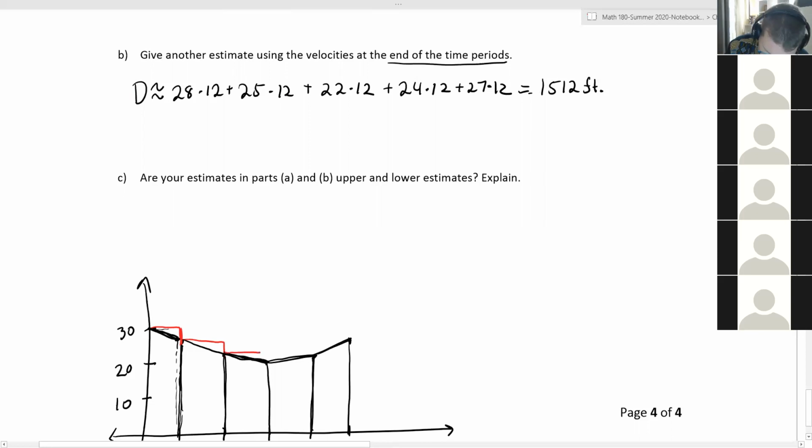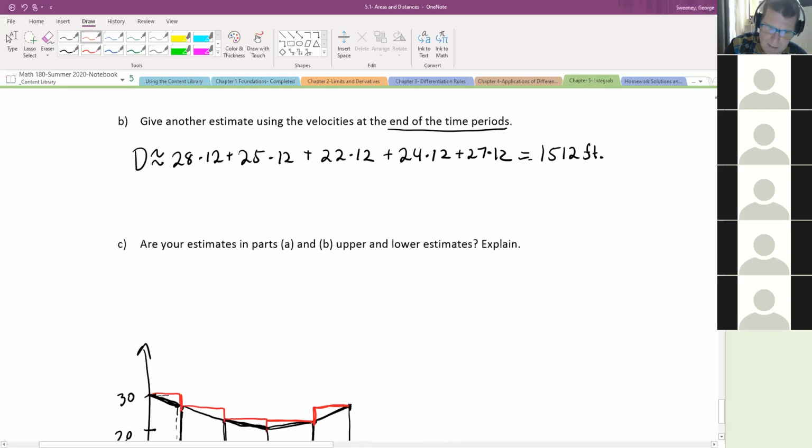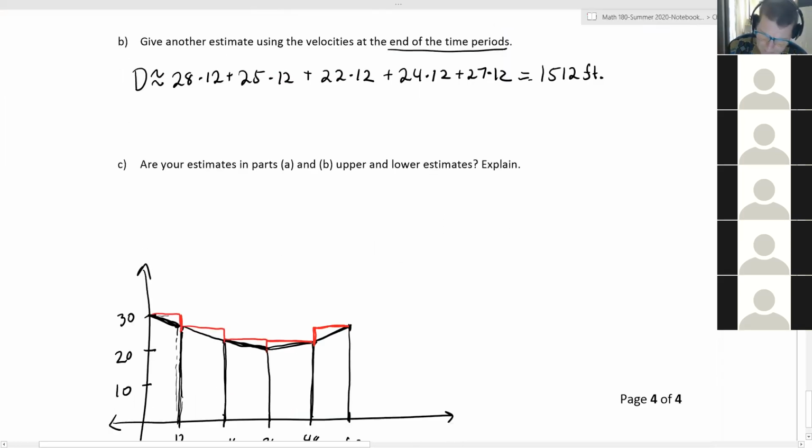Here's another one. And here's this one. And then we'll use blue for my lower estimate or my lower sum. So my lower sum looks like it's got that one and that one and that one and that one and that one, right?